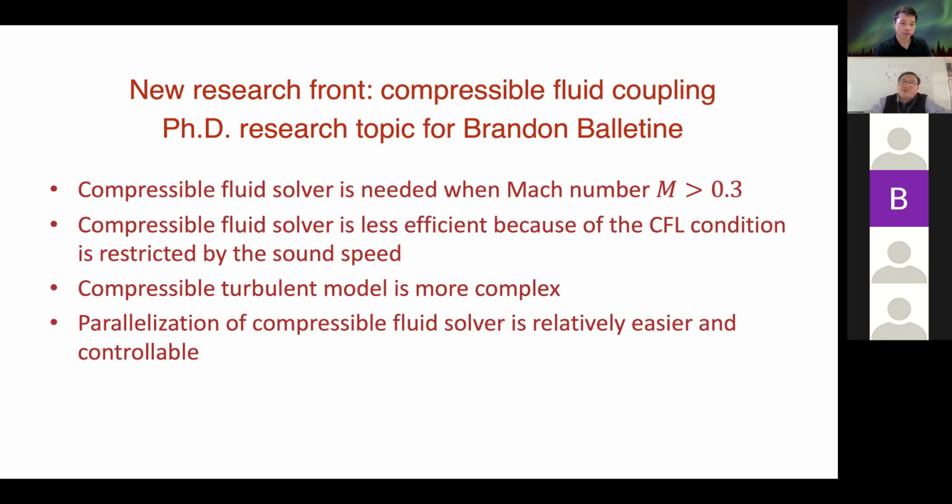We still have a research front, and one of my students, Brandon Belleton, who is also in the audience, has a PhD thesis that tries to progress our parachute model to couple with the compressible fluid solver. The incompressible solver is a good approximation when the relative speed of the parachute is less than 0.3 Mach number.